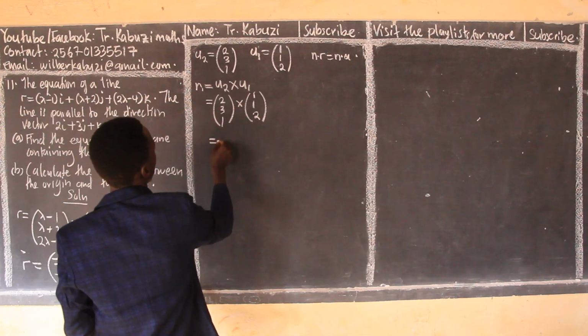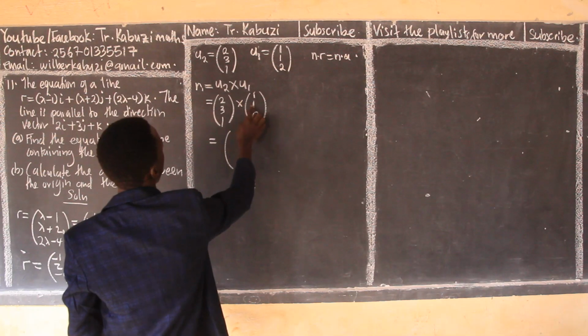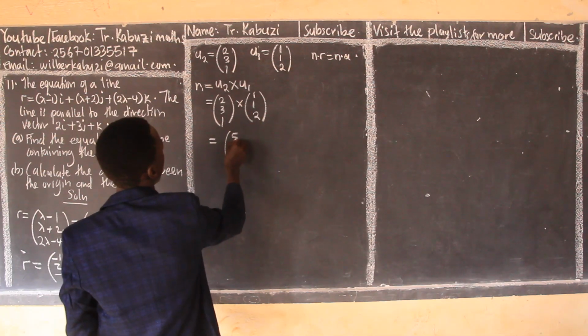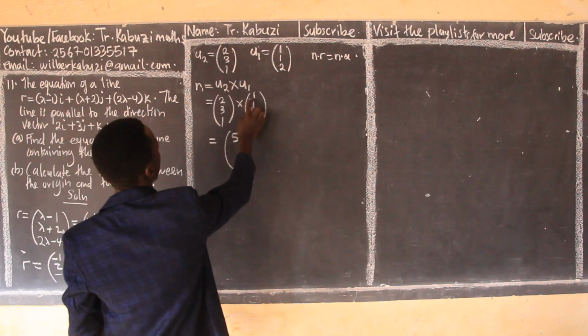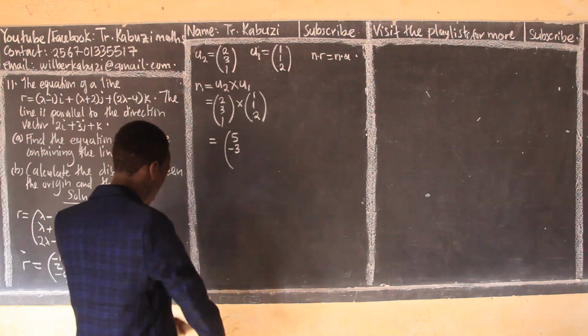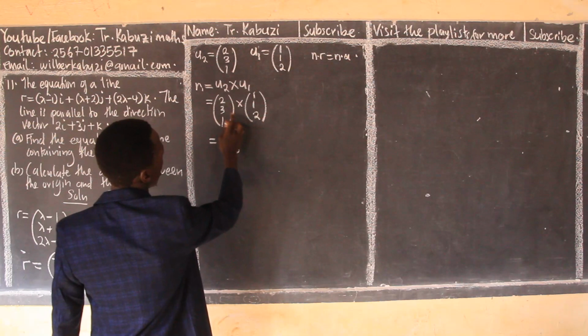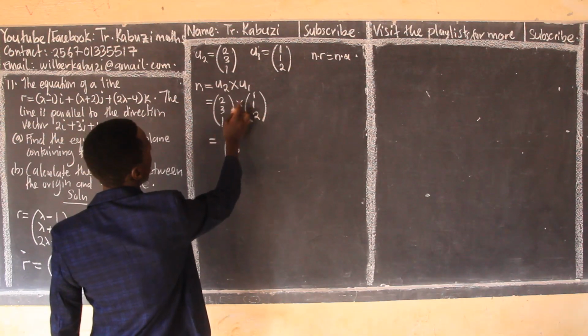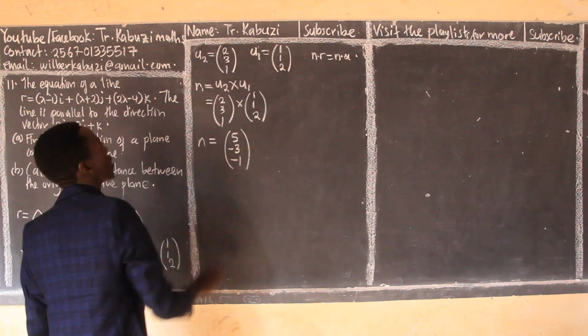After crossing them, for i I have 6 minus 1, which gives 5. For j I have 4 minus 1, that is 3, but this is negative because it's the j position. Then for k, I have 2 minus 3, which gives -1. So that is how it crosses.